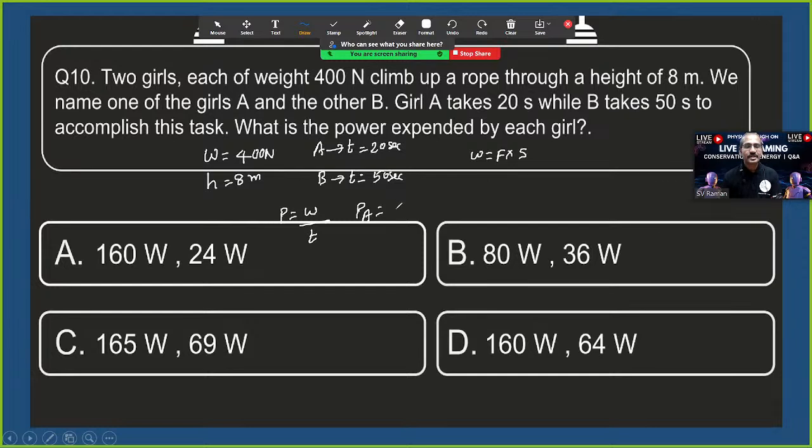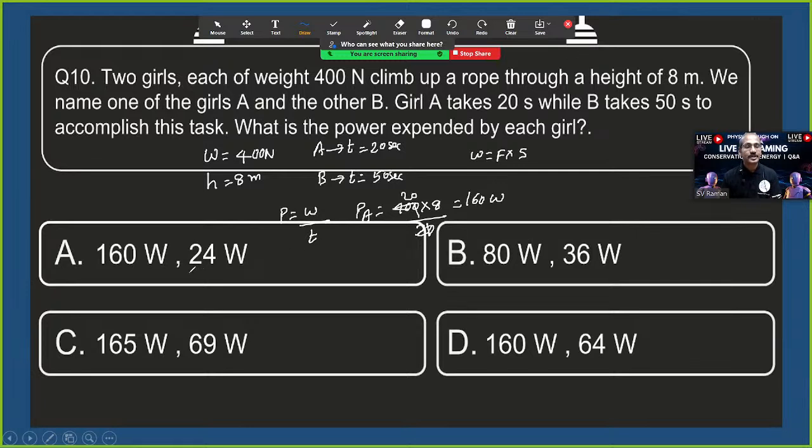So how much force did she apply? 400 newtons into S value 8 meters. Both are the same, but the time here is 20 seconds. That is girl A. Now if you cancel it, we get 160 watts of power, that is girl A.